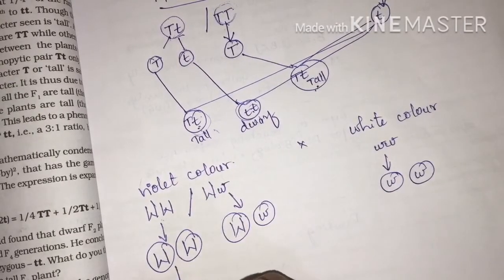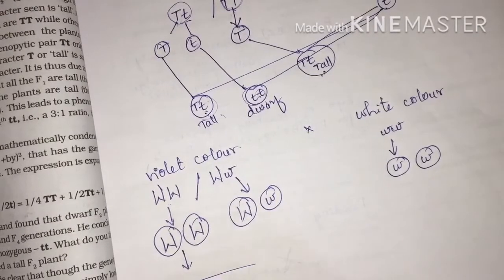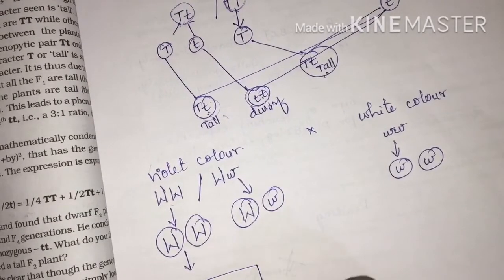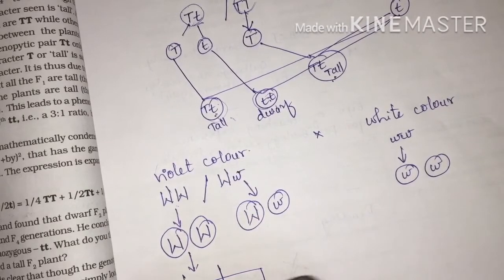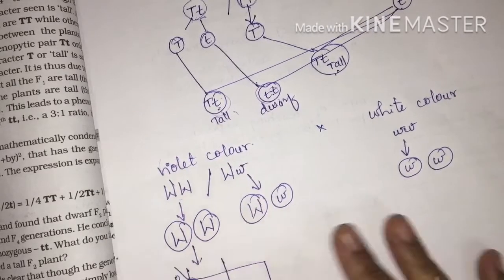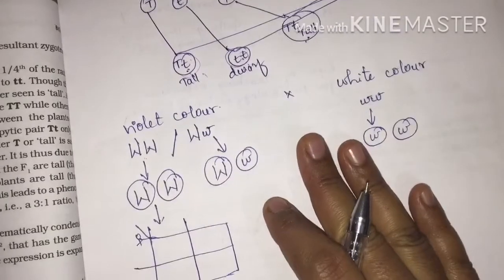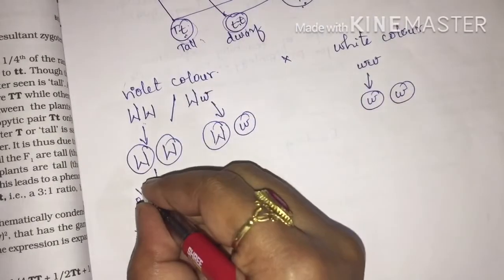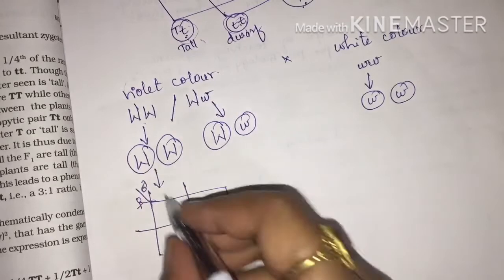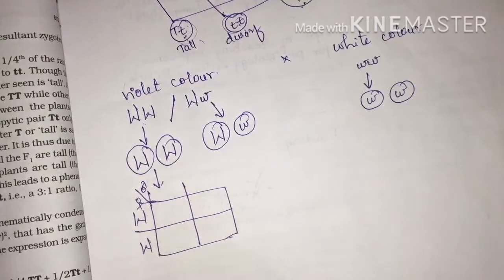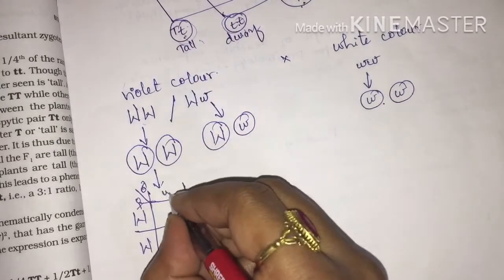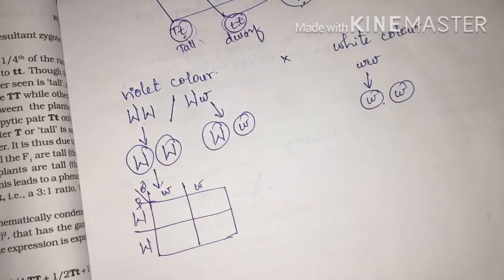First I shall cross this one. For this you can use a checkerboard, something like this. Here we are going to write one side male and the other female, and I will write this capital W in one column and this small w in another row.